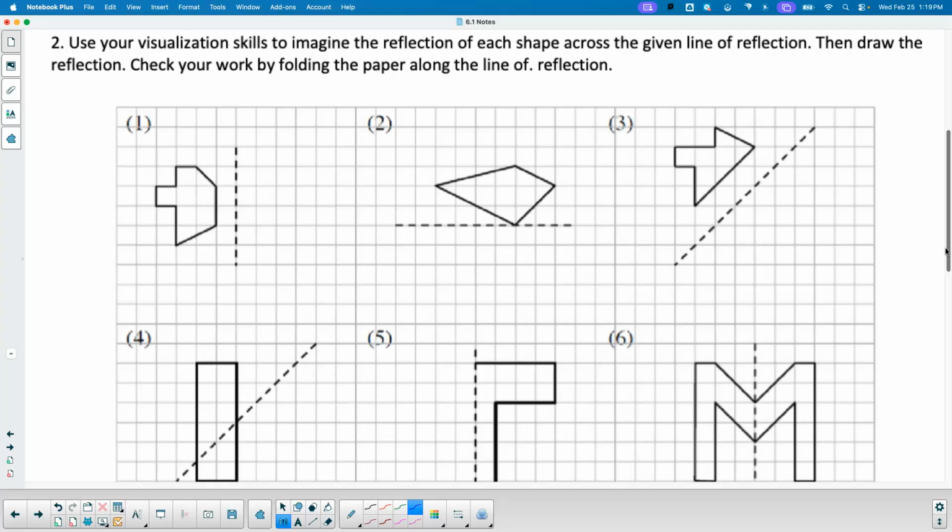The dashed line is my line of reflection, and the image is written there. We want to find the reflected image. This point right here is 1 to the left of my line of reflection, so on that same horizontal I would go 1 to the right. Two to the left, 2 to the right.